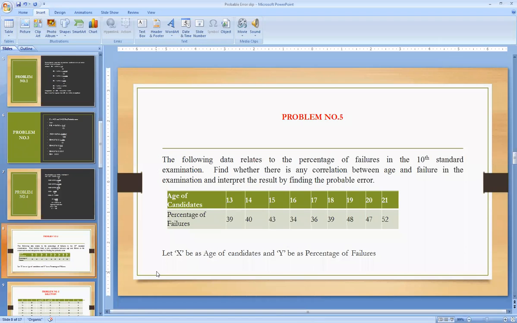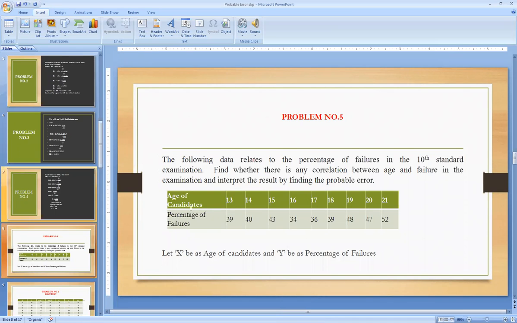Let us assume age as the x variable and failures as the y variable, and we should see in the table whether the exact values are given. No need to go for further calculation because the age of candidates and percentage of failures are already given. We also need to calculate the probable error and interpret the value of r after comparing it with the probable error. This much has to be done.